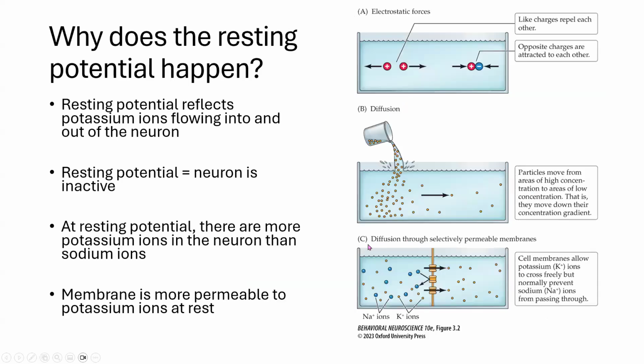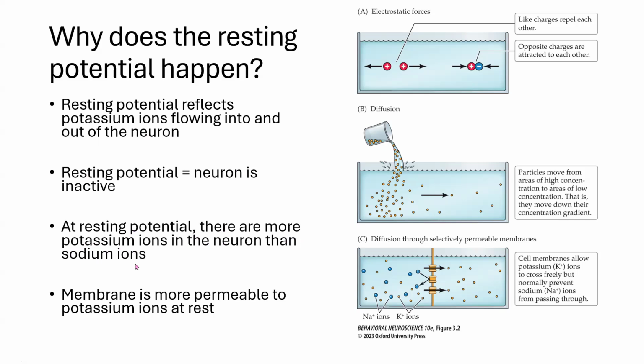So why does resting potential happen? Resting potential reflects potassium ions naturally flowing into and out of the neuron while the neuron is inactive. We say that there are more potassium ions in the neuron than sodium ions.